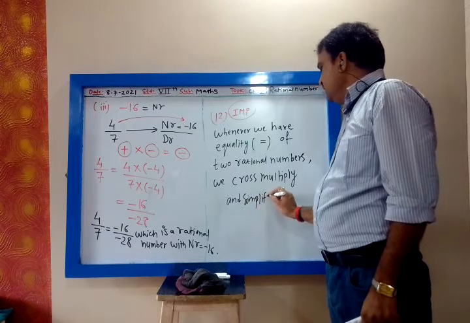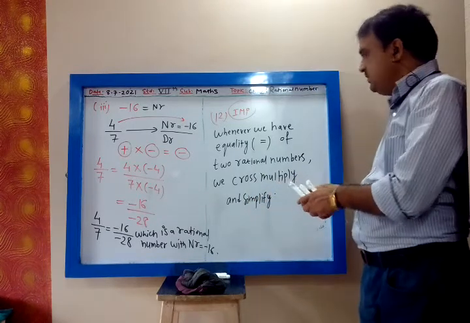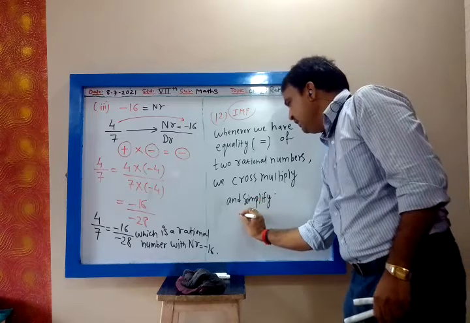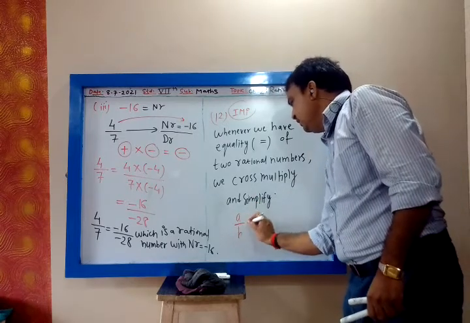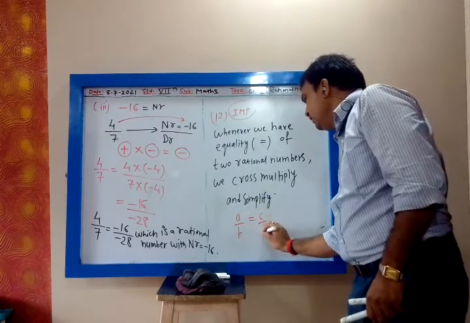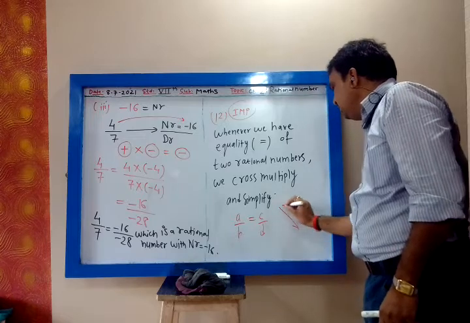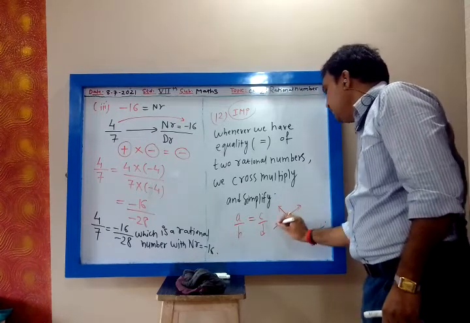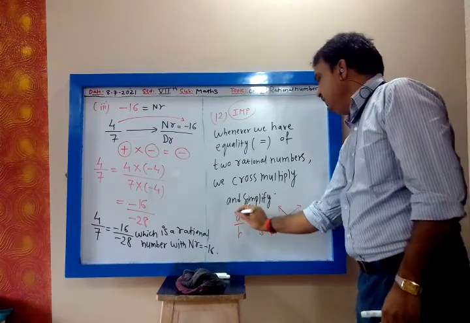That's all. Cross multiply and simplify means this way: whenever you have A upon B is equal to C upon D, then you have to cross multiply. So that will be A into D.